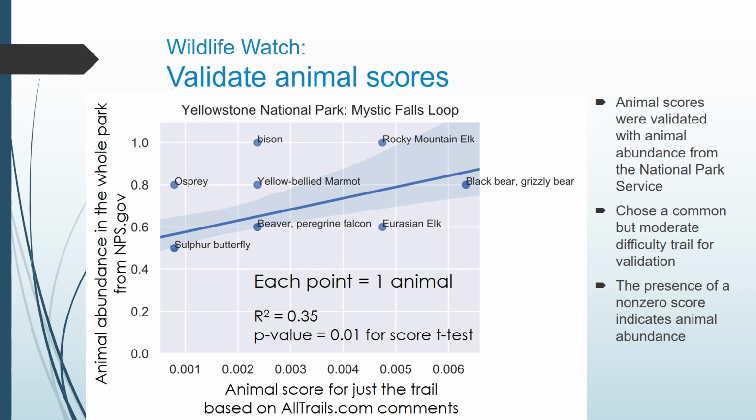I would expect that it's not a very strong trend because there are other factors like the enthusiasm and the visibility of animals. But I try to control for that by picking a moderate difficulty trail. I still have an R-squared of 0.35, which indicates a weak correlation, but I see that the positive trend between the score and the population is what I was looking for.